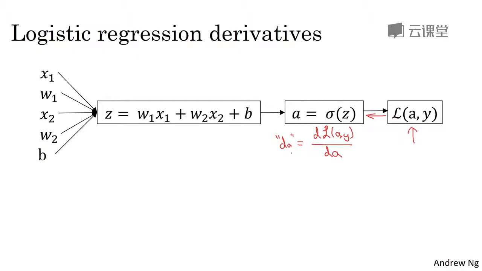It turns out that if you are familiar with calculus, you could show that this ends up being negative y over a plus 1 minus y over 1 minus a. The way you do that is you take the formula for the loss, and you can compute the derivative with respect to the variable lowercase a, and you get this formula.